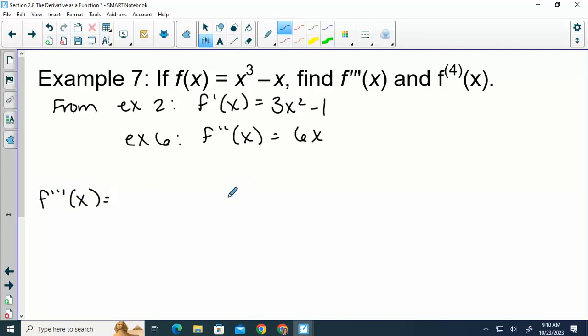we're basically repeating the limit with our answer to the second derivative. So the limit as h approaches 0, f of x plus h minus f of x all over h.